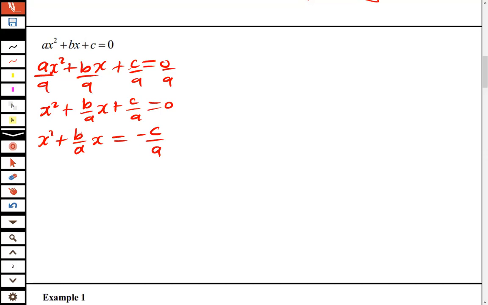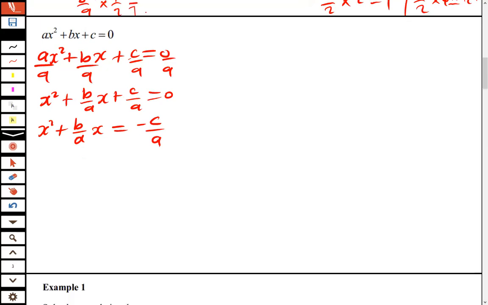When I say half of 2, it's just the same as multiplying 1 over 2 times 2, which gives me 1. When I say half of 4, it's the same as multiplying 1 over 2 times 4, which gives me 2. So when I say half of b over a, it's the same as multiplying b over a times half.